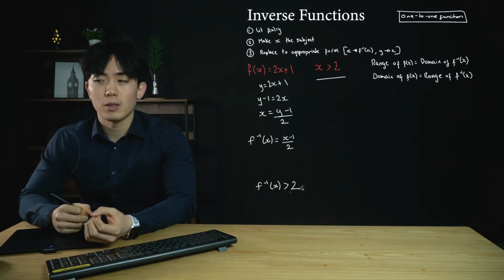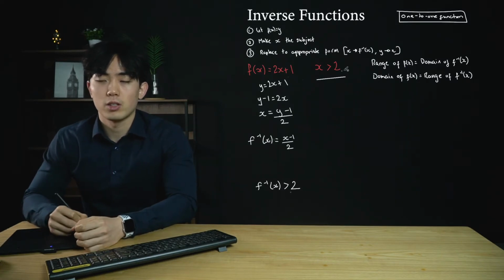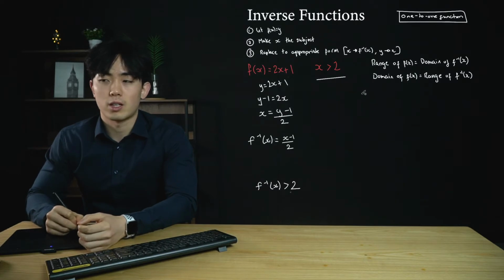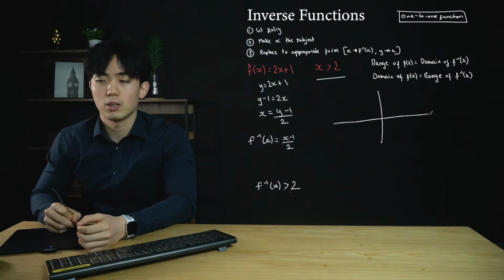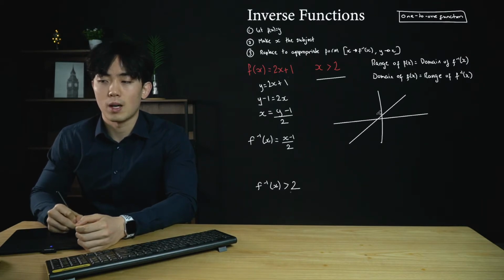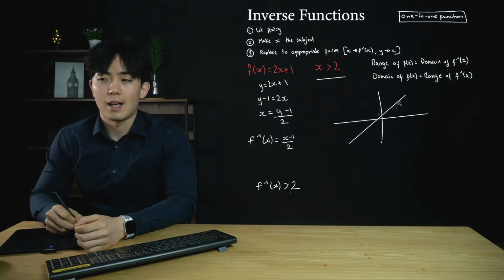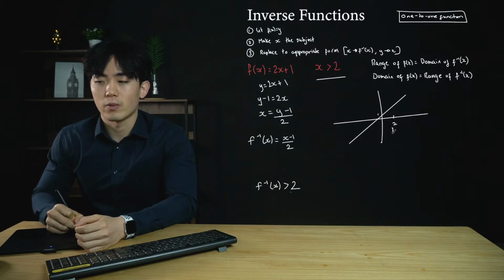Right, to find the domain, we need to find the range of our function. So the best way to do this is drawing graphs. So let's try and plot this graph. So it's 2x plus 1. So that's a straight line graph going past y is 1. And we have a given domain, so we're only looking at the values for x being bigger than 2. So if you have a 2 here, we're just looking for the values of x being bigger than 2, like such.